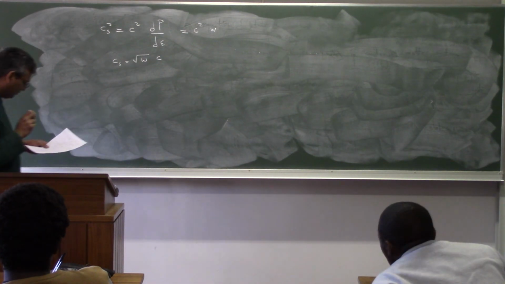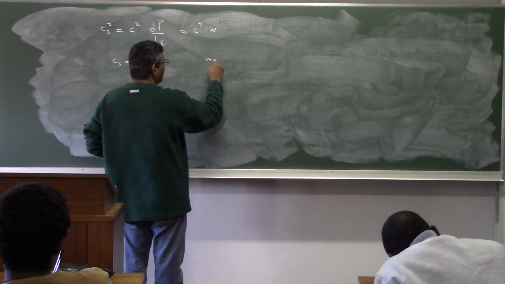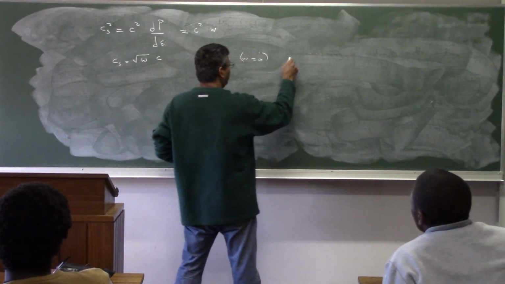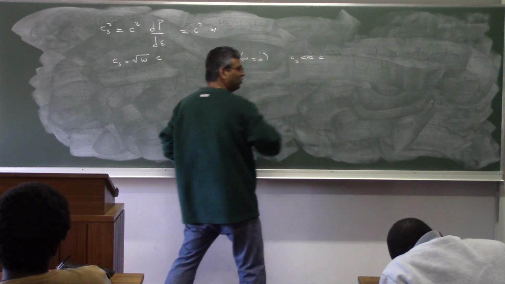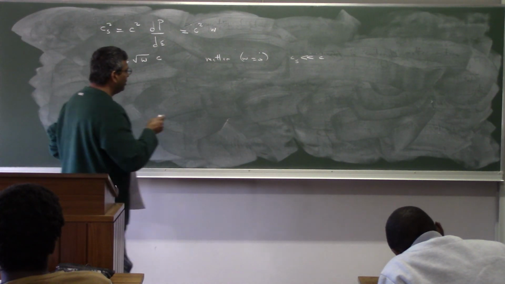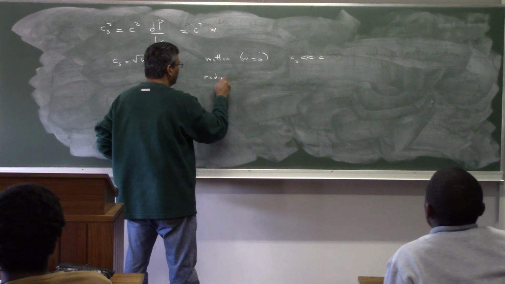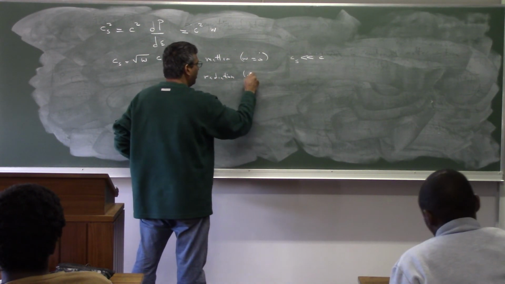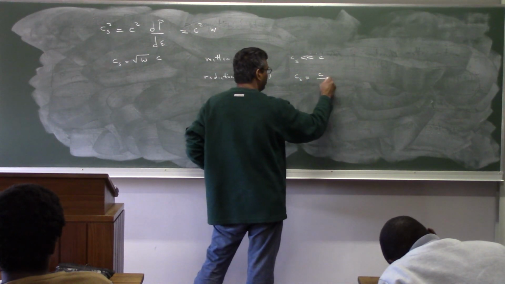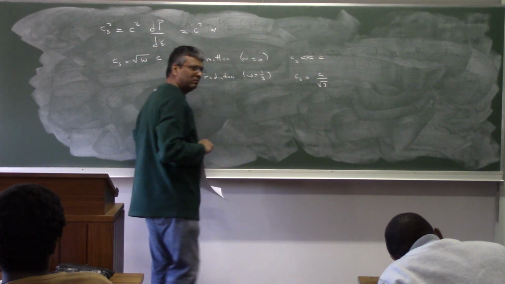So for matter, where w equals 0, cs is much, much smaller than c. And for radiation, where w is 1/3, cs is c over root 3.